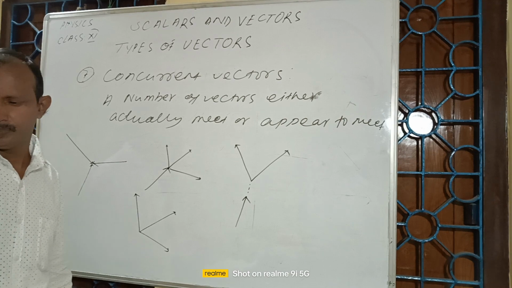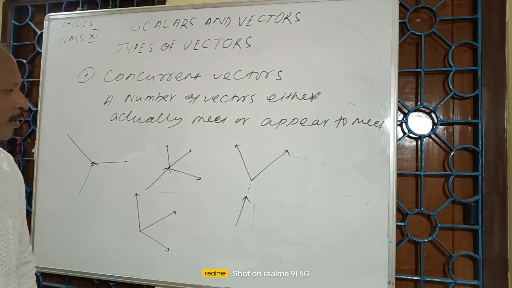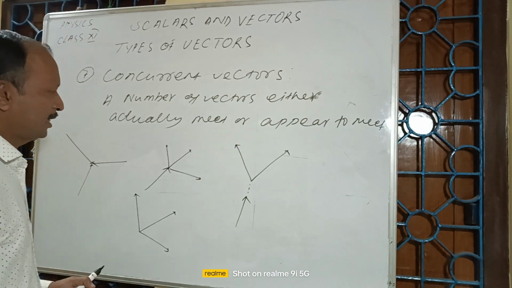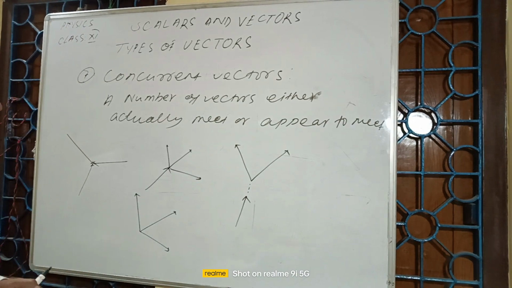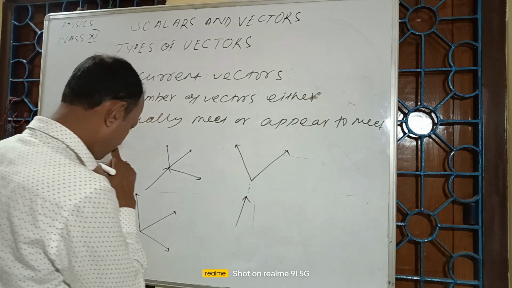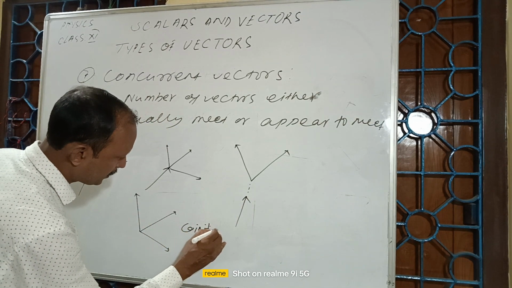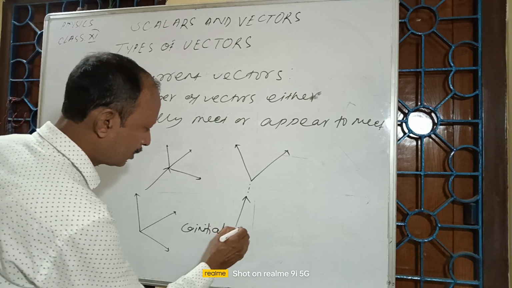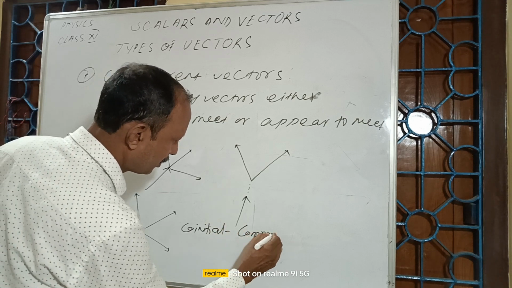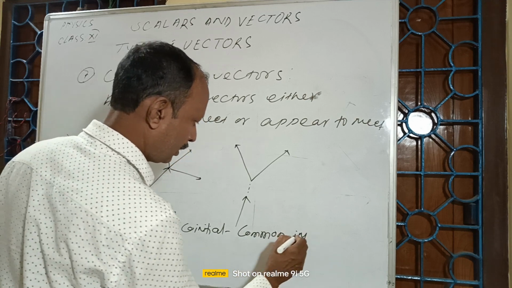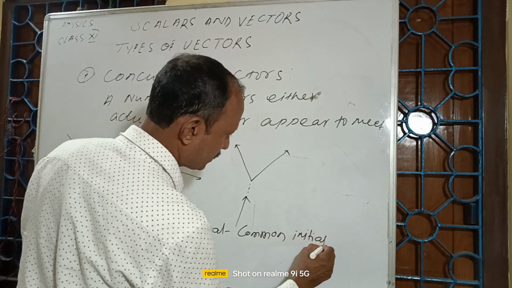If they have a common initial point, they are said to be co-initial vectors. So co-initial means a common initial point.